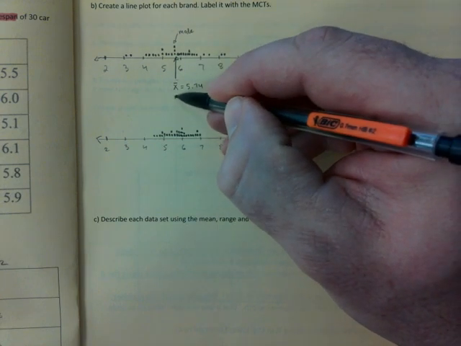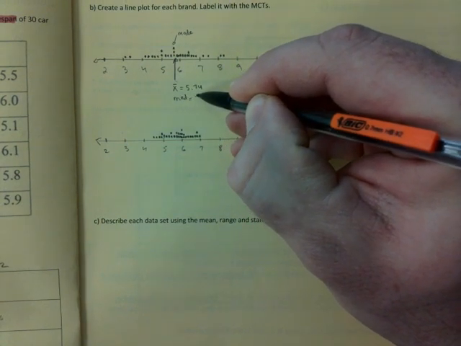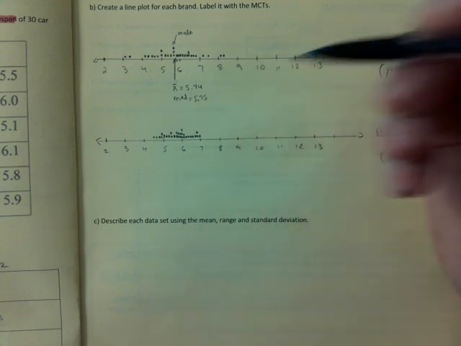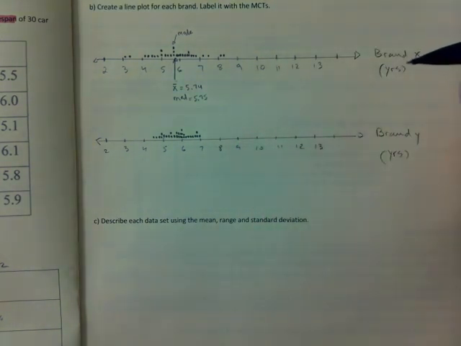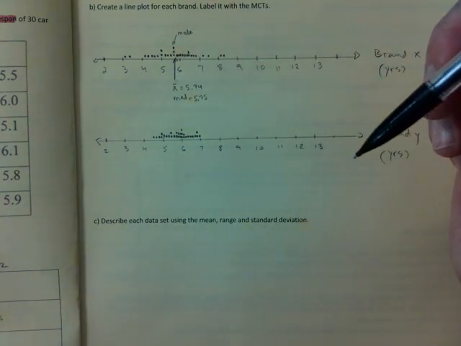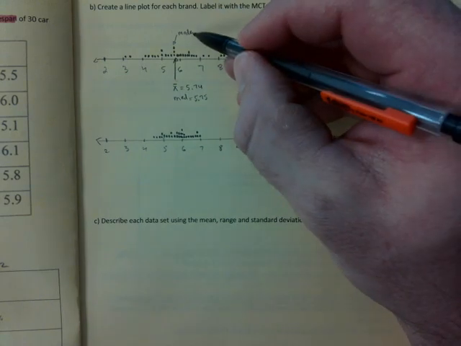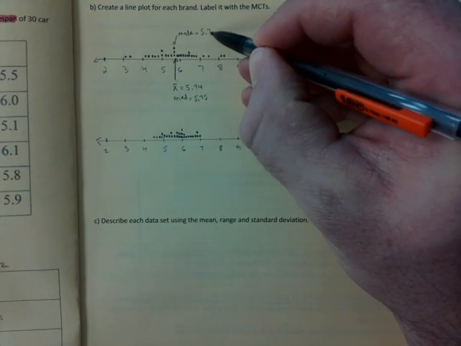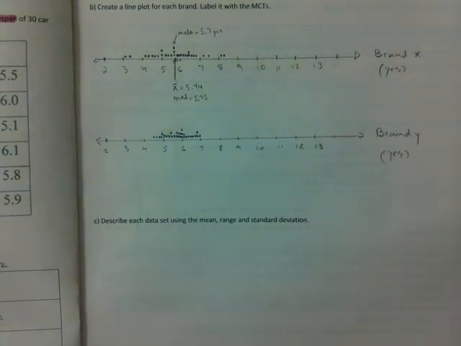Okay, so we'll just kind of have them at the same place because there's no point in throwing in another arrow there, because we kind of see that they're kind of close. All of them are close together. The mode is 5.7 years, right?